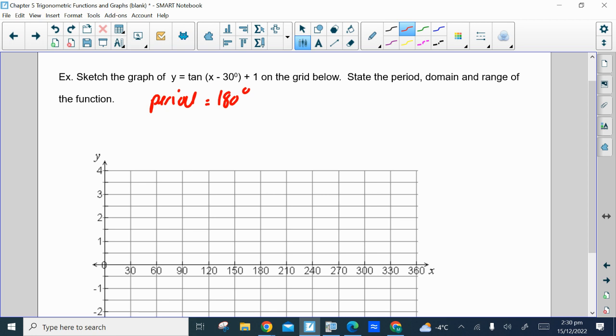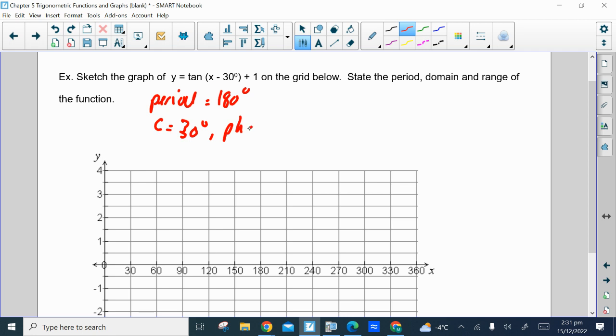Once again, we can start with the original graph if we want, but it might make it a little bit convoluted. So maybe let's not graph the original graph, but we remember what it looked like. Remember that the original graph started at the point 0, 0. But this one has to go over 30 degrees to the right. And so we should write this down perhaps, that C equals 30 degrees.